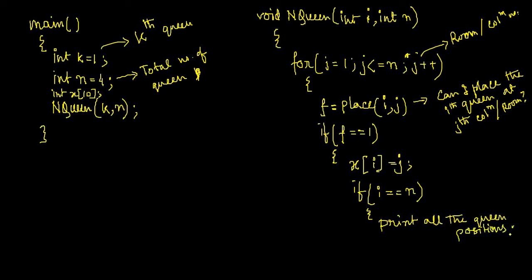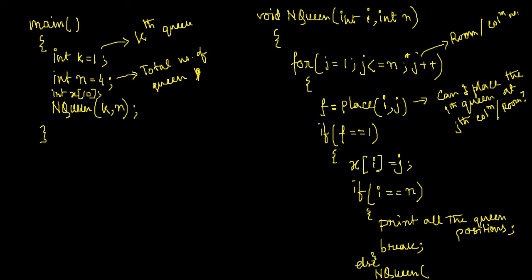That's all. That is my requirement, and then I will break from the loop. But if it is not true, that means some queen is still left to place. So that means there will be an n-queen function call.